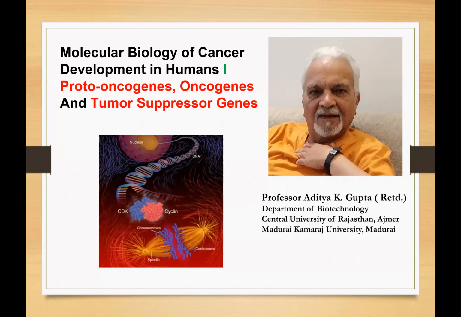So this is a broader definition of cancer. What happens in cancer? A normal, healthy cell changes its behavior, so that it starts dividing, becomes immortal, and then the cells start moving to other parts of the body.